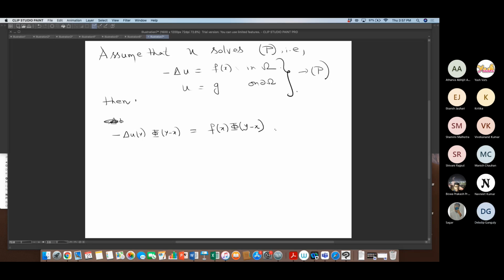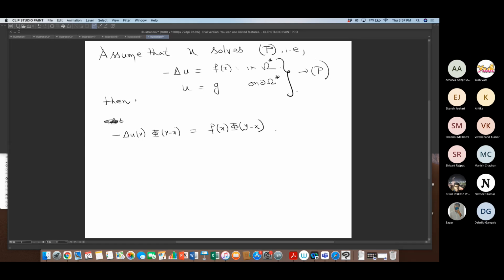So if you solve this equation, then you solve this equation here also. Yes or no? If you solve the equation minus Laplacian u equals f(x) in omega and u equals g on del omega, then you also solve the equation minus Laplacian of u equals f(x) in omega star and u equals g on del omega star. Yes or no? Is it true?